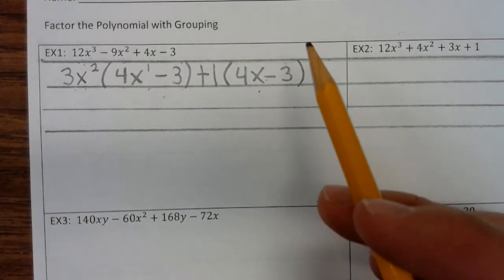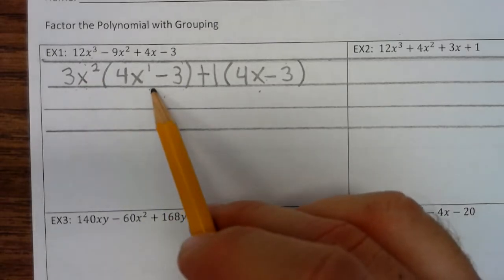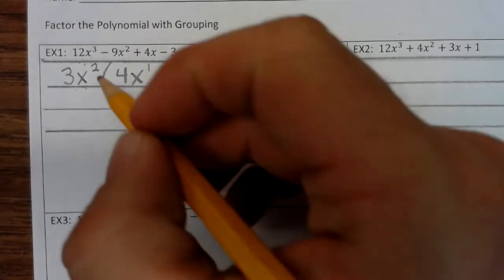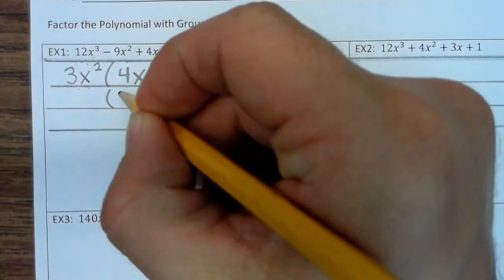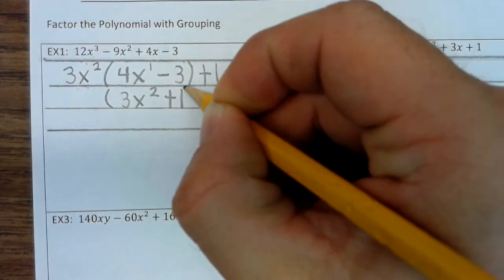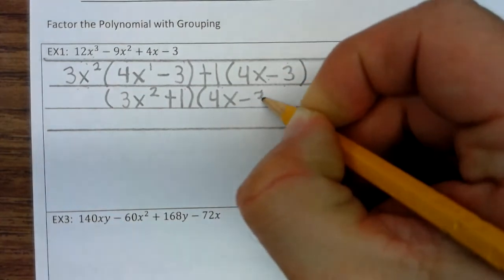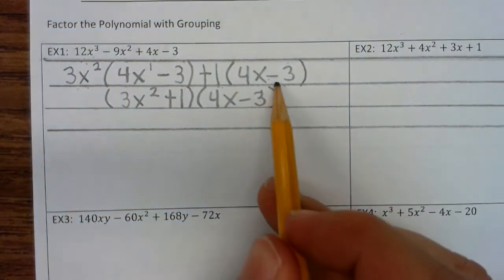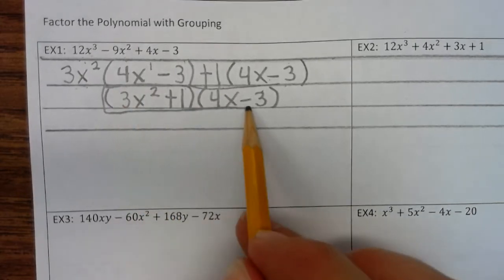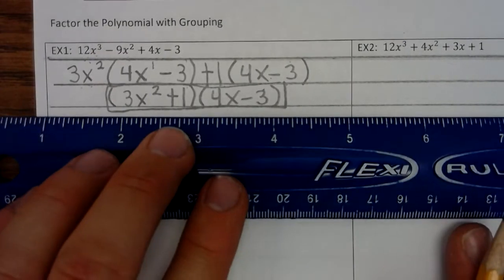Since 3x squared is multiplied by 4x minus 3 and 1 is multiplied by 4x minus 3, we can combine these. And so that's 3x squared plus 1 times 4x minus 3.